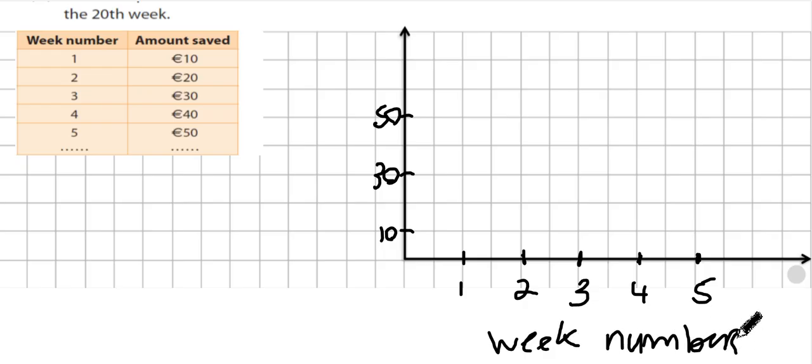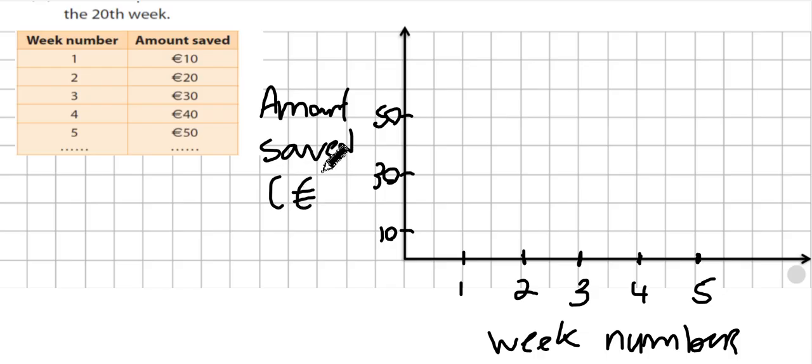Week number and amount saved in euro. Okay. First one's (1, 10). Next one is (2, 20), (3, 30), (4, 40), and (5, 50). And you have yourself a nice line there.